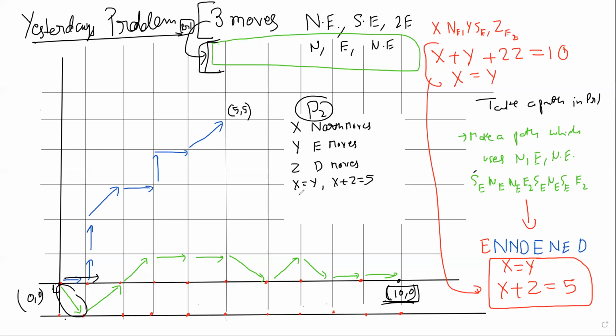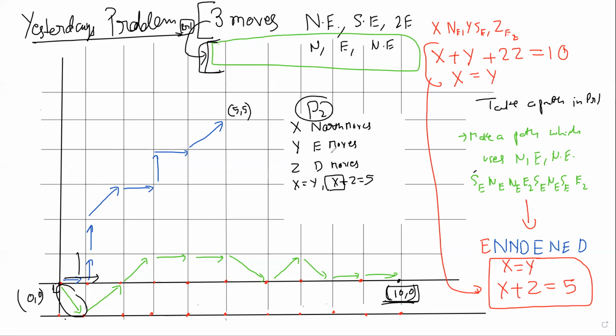So you're making x north moves, so x times you're going up, right? And the rest of the times, 5 minus z times, you're going diagonally up. You're using the diagonal move, which means you're also going up. So totally you're going up 5 times. So you'll reach 5 height. Or I said it wrong. I should say y, right? Yeah. So let me say it again.